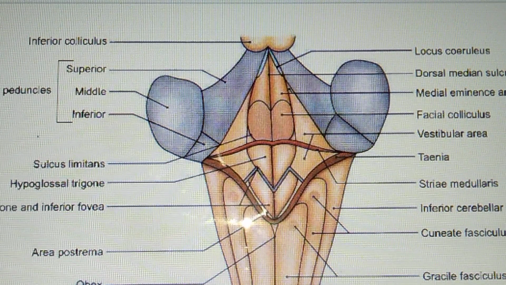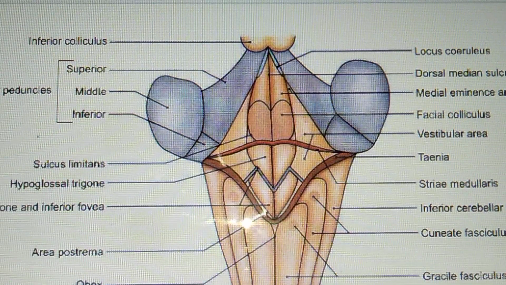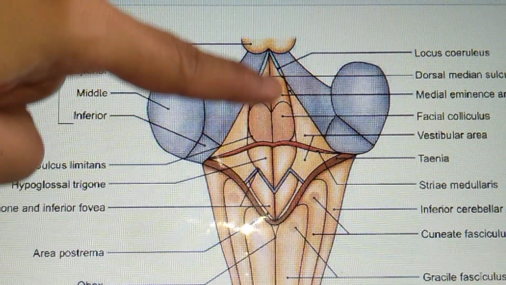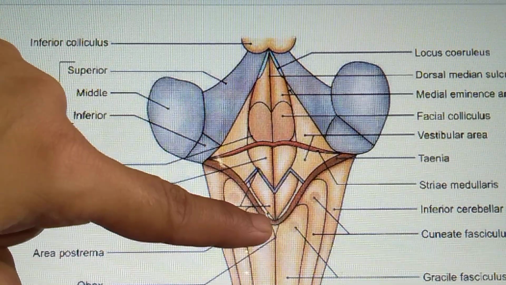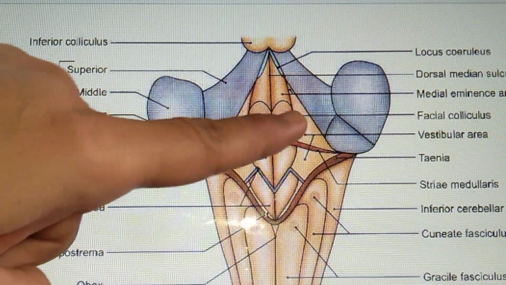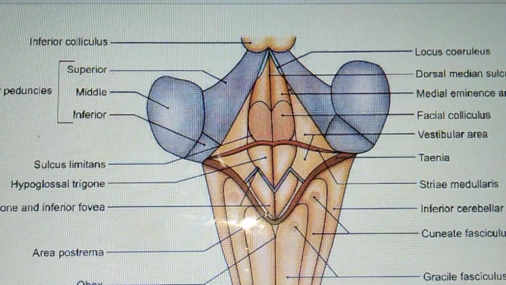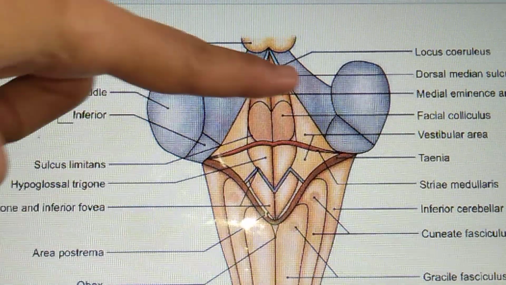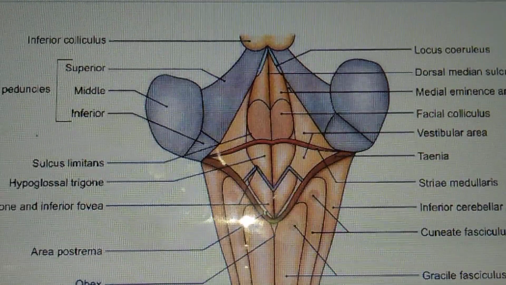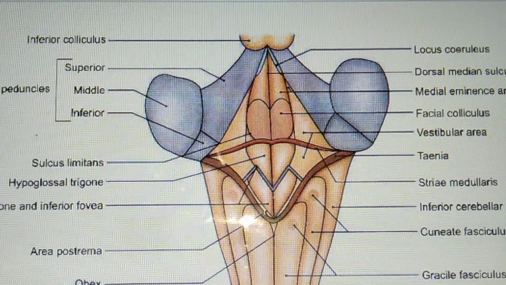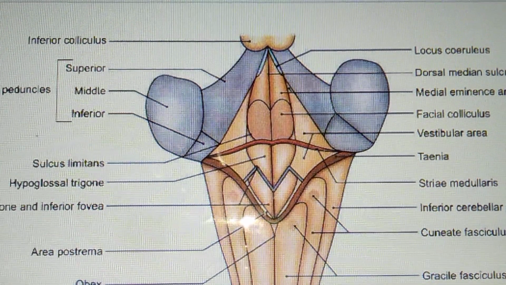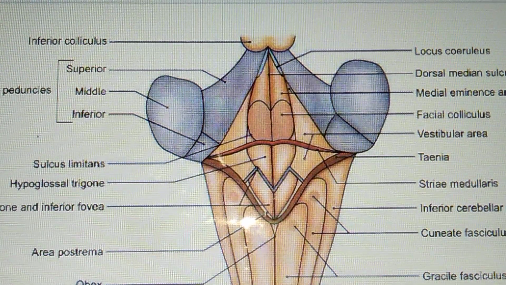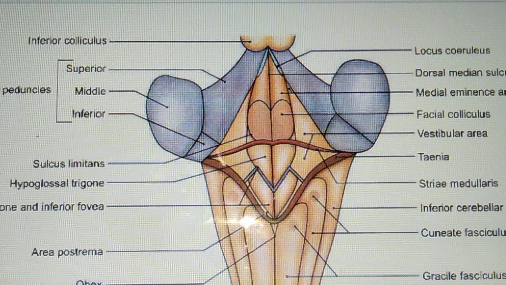Next we see the common features of the floor. Here you can clearly see a dorsal median sulcus dividing the floor into symmetrical right and left halves. On either side of the midline there is a median eminence, one on each side of the median sulcus, and this eminence is wider above and narrow below.